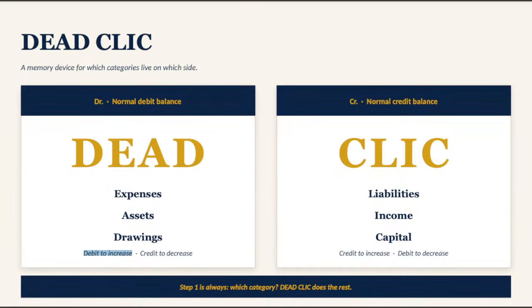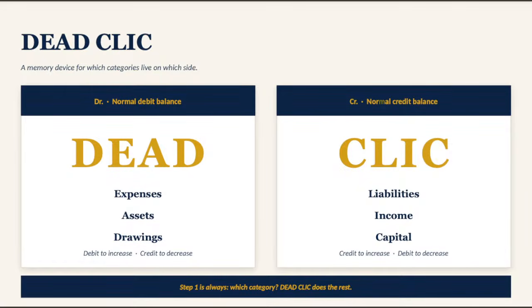So debit to increase, credit to decrease. On your drawings account, whenever you're making a drawing from it, it would come from the credit side, but if you're adding to it, put it on the debit to increase. So the D stands for debit again, E for expenses, A for assets, and D for drawings.